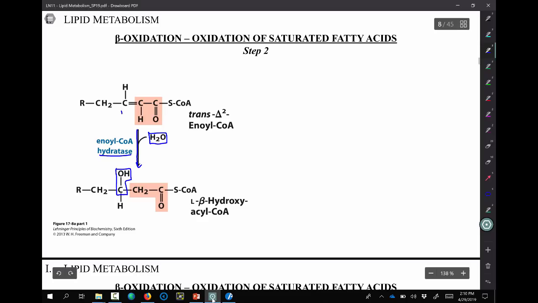Remember, this is our beta carbon, our third carbon. In our last step, we had a double bond produced between our alpha and beta carbon. That double bond is removed in favor of putting a hydroxyl group on the beta carbon. The beta carbon is being oxidized in this case.